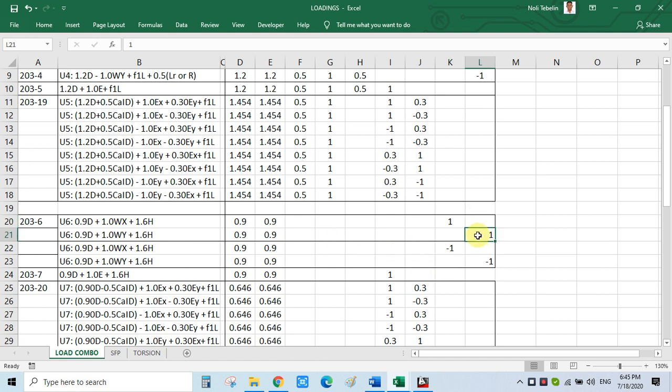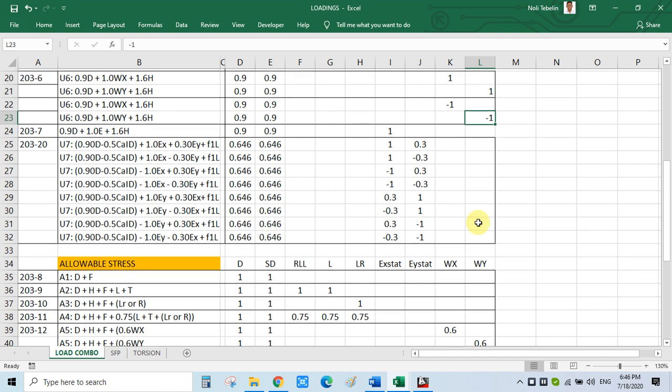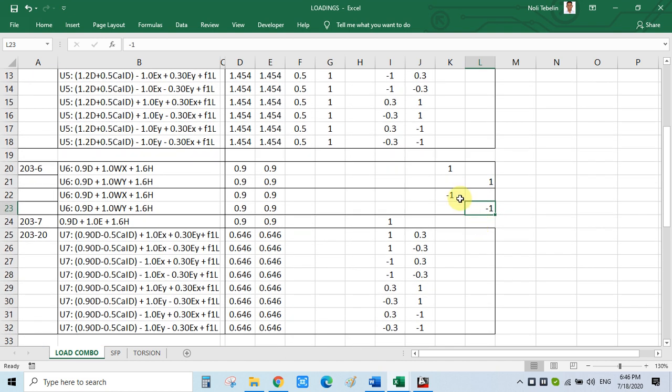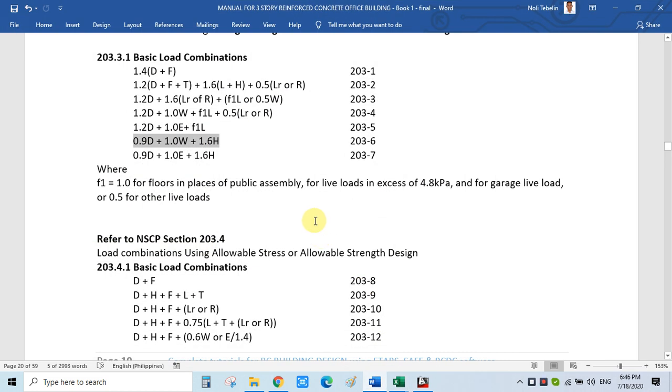Then, balik tayo dito sa equation 203-7. We will have 0.9 dead, so 90% dead na lang, plus 1 earthquake, plus 1.6 H. So, ang gagamitin natin dito, yung lower limit ng special seismic load combinations.